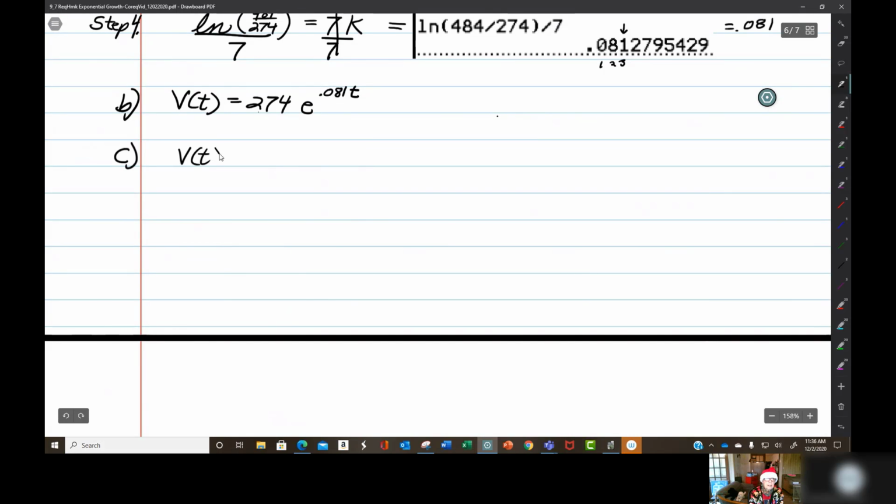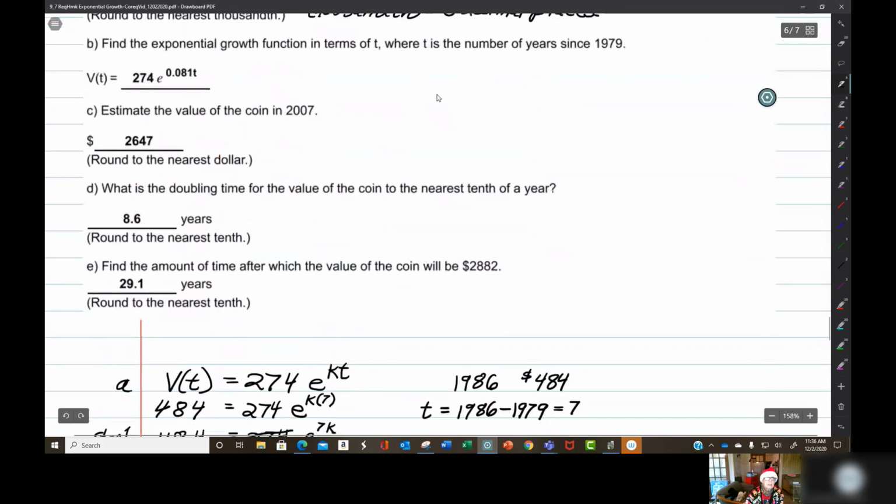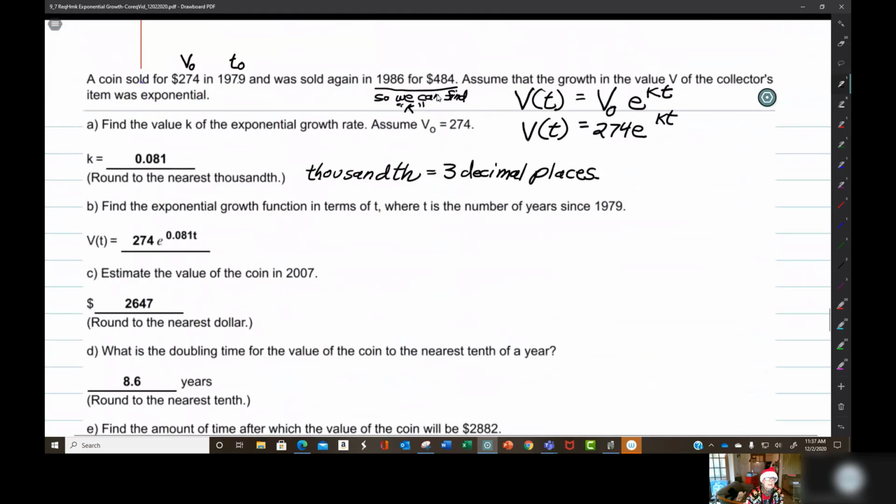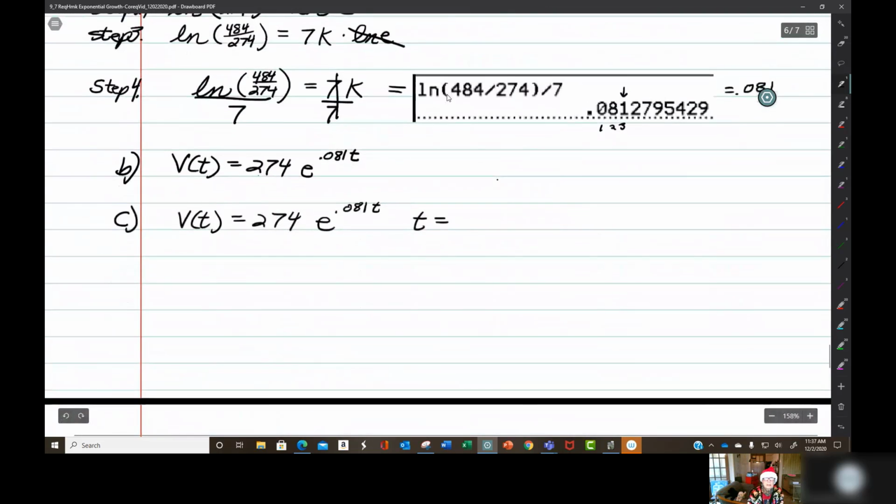V of T equals 274 e to the 0.081 t, and T is going to be 2007 minus 1979. Okay, I suggest we get the calculator.